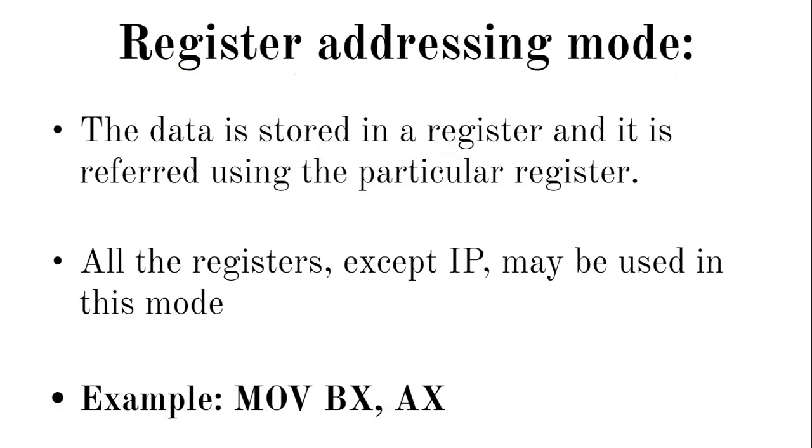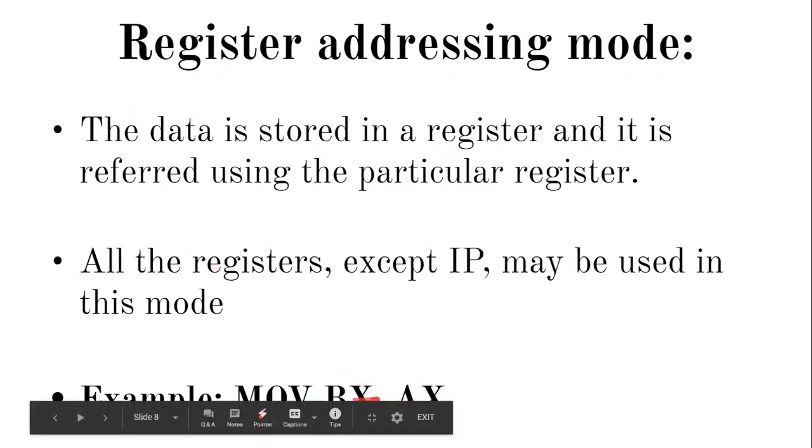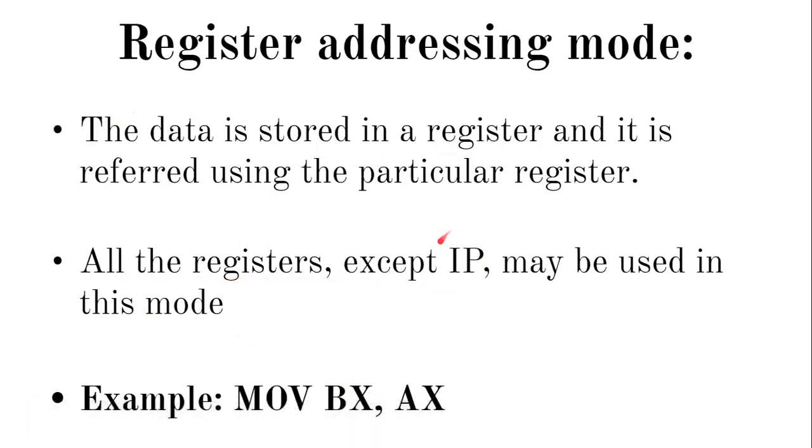That data is the content of the register AX, so the content of register AX is copied into the register BX. As the names of registers are specified, this belongs to register addressing mode. One more important point: all the registers except the instruction pointer may be used in this mode.